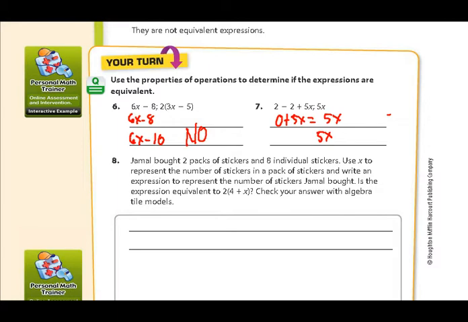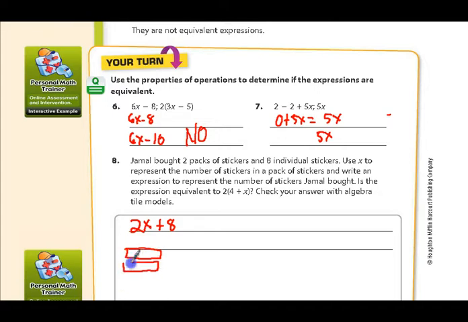Jamal bought 2 packs of stickers and 8 individual stickers. So we're going to use the bar model to figure this out. He bought 2 packs of stickers, and it says to use x to represent the number of stickers in a pack, so he got 2x and then 8 individual stickers, plus 8. So if we were to write that out, we'd have 2 bigger boxes, right?